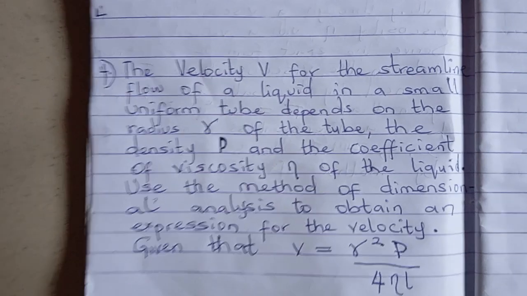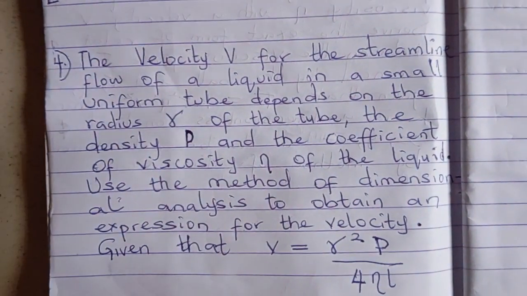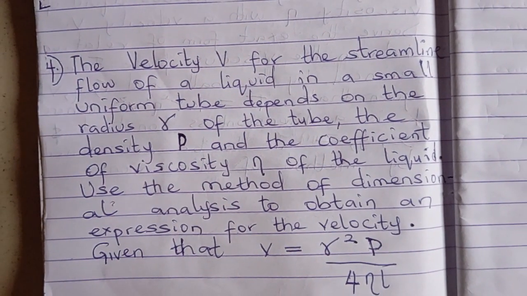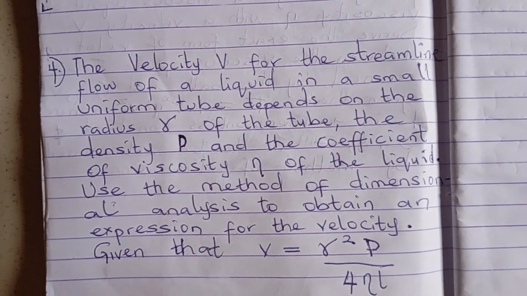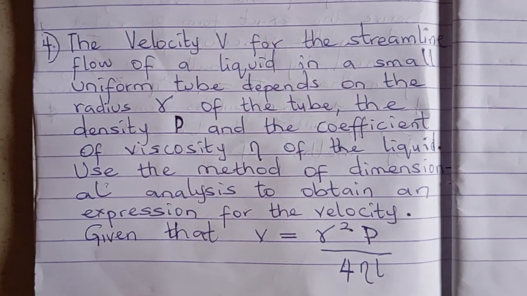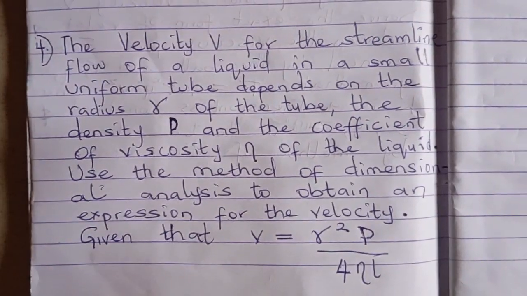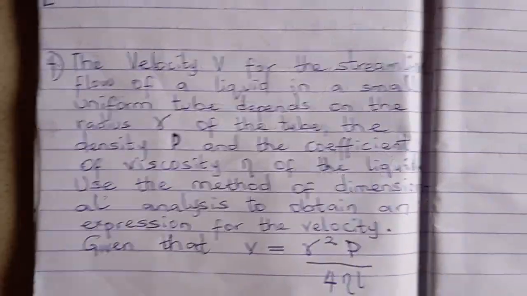Notice that before we are given anything, they told us to obtain an expression for velocity using the method of dimensional analysis. First, remember the first rule of dimensional analysis, which says assume the dependent. What is the dependent here?